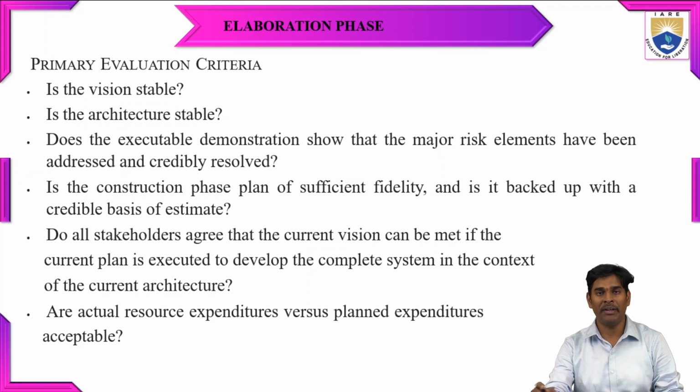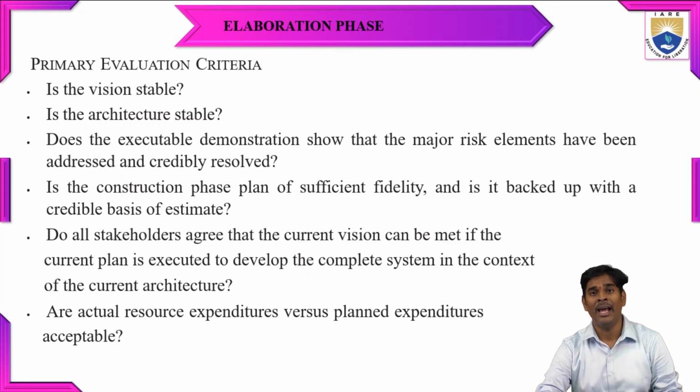Okay, so after giving the demonstrations to the stakeholders, they need to give a brief explanation about what the various actual resources and planned expenditures will be. So based upon the constraints, the stakeholders may or may not accept, based upon the clear, sufficient information given to the stakeholders.